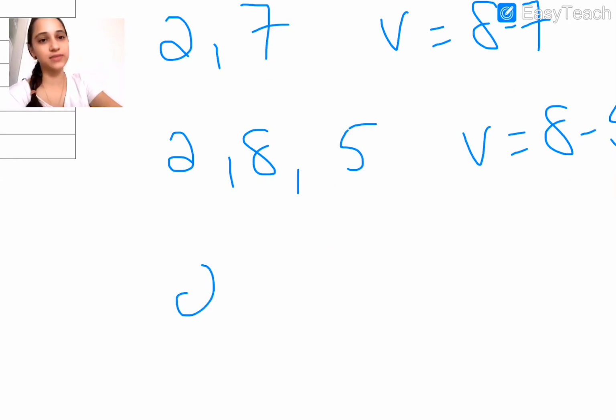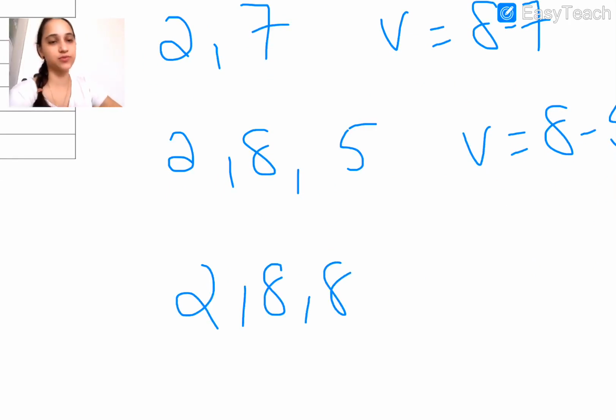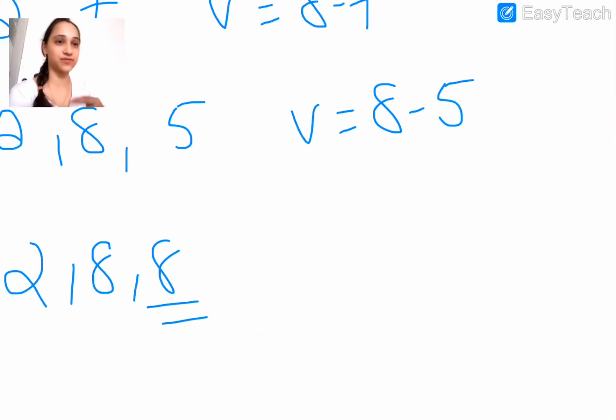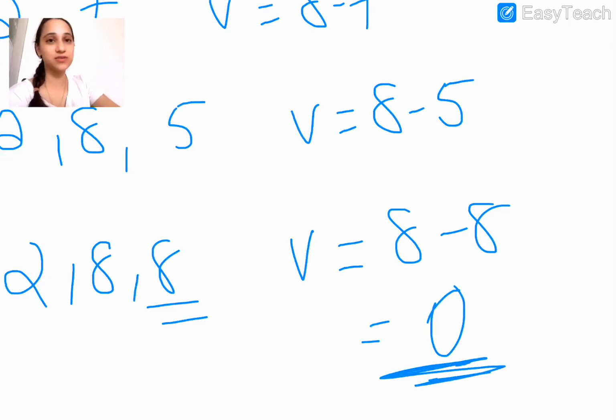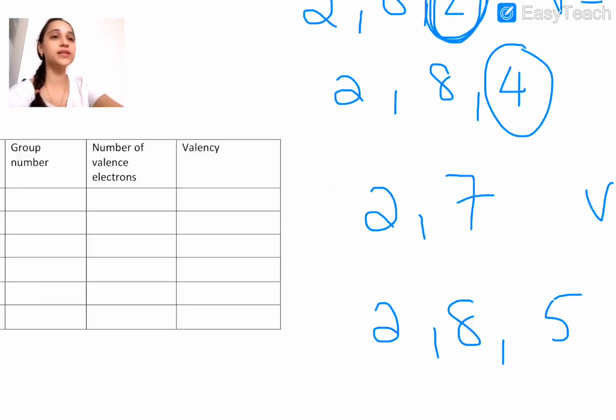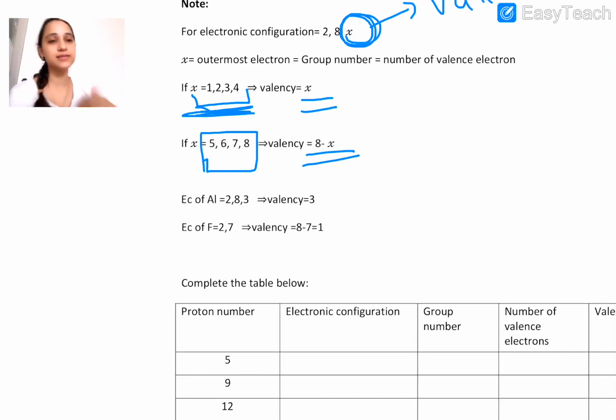And if you have an element that has electronic configuration 2, 8, 8, okay, so the last shell is completely filled, valency would be 8 minus 8 equals 0, which means that valency 0 means that it is not able to form bonds. So it's not going to bond with anything. It will exist all alone. Okay, so we're going to see why in the next lesson. We're going to see why it's 8 minus this number. So for now just learn it that way.